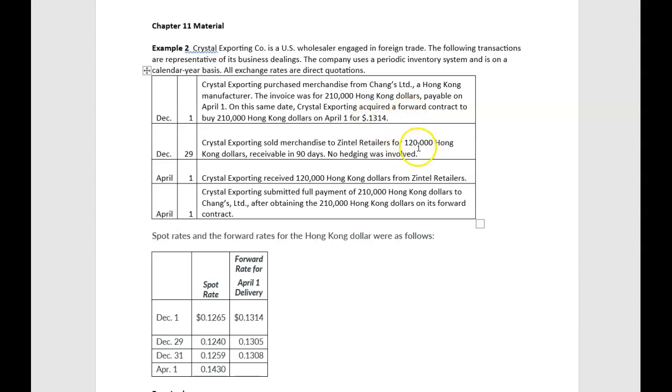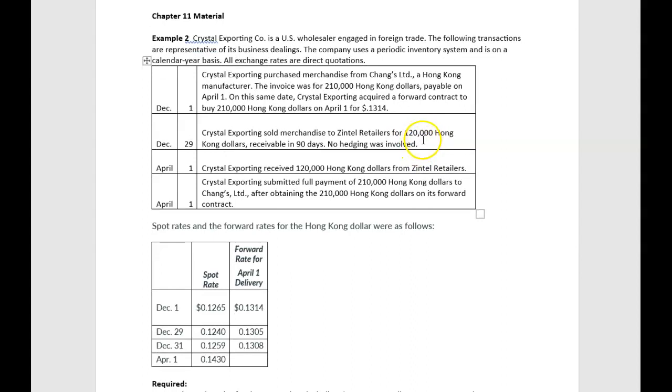The second one, we're selling merchandise to Zintel Realtors, and the price is 120,000 Hong Kong dollars. They don't have to pay for 90 days, and we didn't hedge. So we have exposure here to changes in the price of the Hong Kong dollar versus the US dollar.